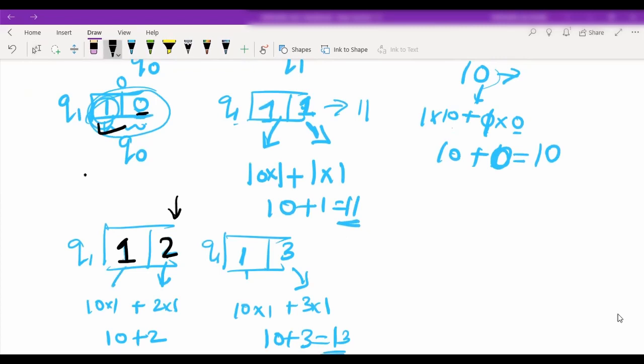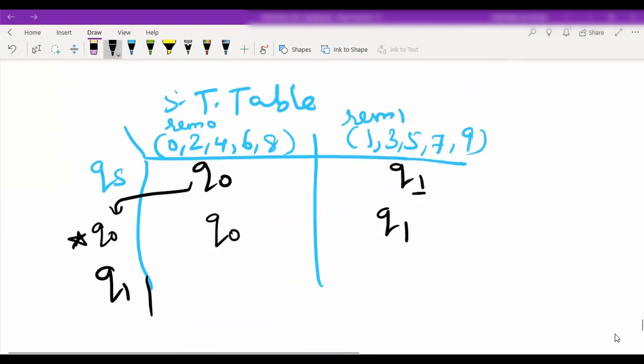So the previous number is 1 with the next bit as 0 or 2 or 4 or 6 or 8, making numbers 10, 12, 14, 16, 18. All are divisible by 2. So Q1 on 0 is producing remainder 0.